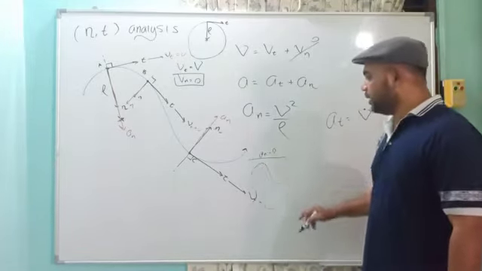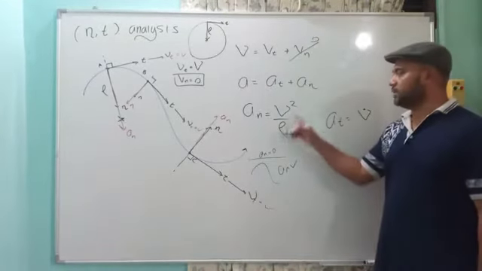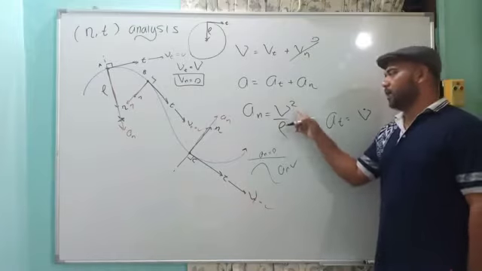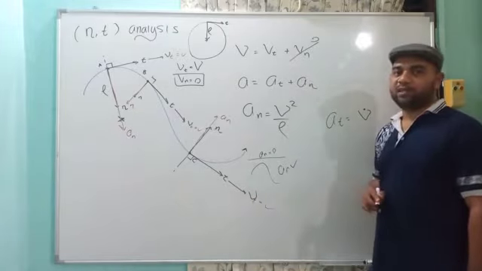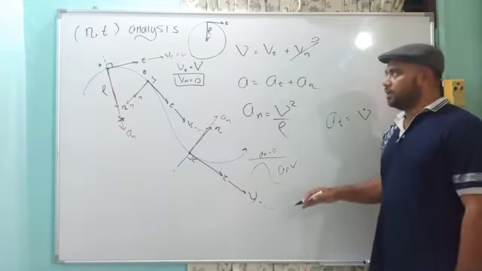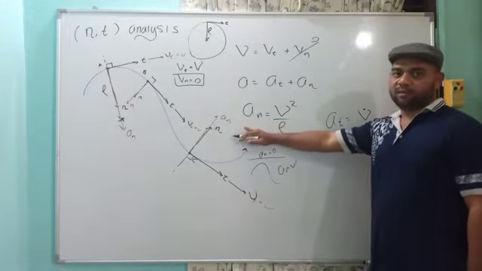As long as it is moving in a curve, we have A normal, which is equal to V squared divided by rho. But if V equals 0, then 0 divided by something gives 0. So for curvilinear motion, there is always A normal.